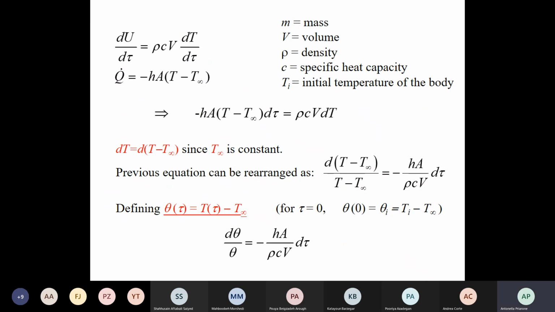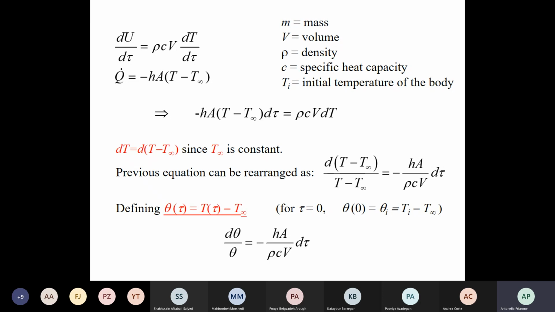Now I have to write equations, and in particular I can write that the energy content variation in time can be written as a function of temperature, and in particular the density that multiply the volume of my body.